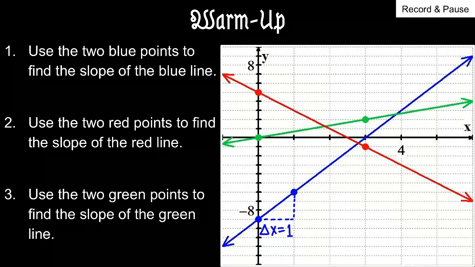Our delta y from this point to this point is the vertical change. So we're going up. So in this case, the change in y, or the delta y, is equal to 1, 2, 3.